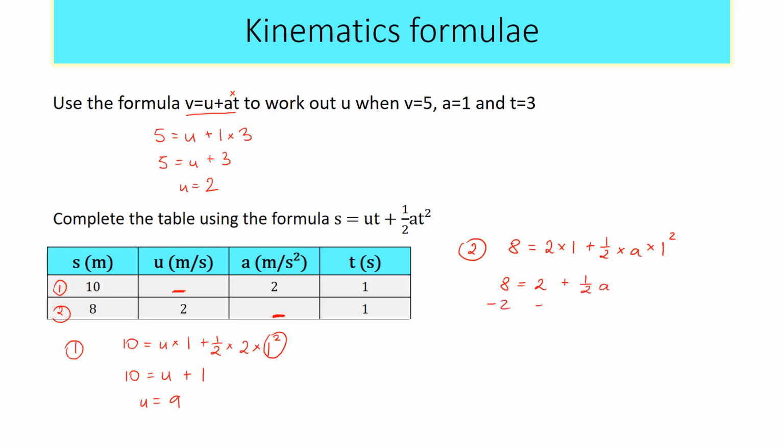Now we take away 2 from both sides, so that's 6 equals a half a. This can be written like this as well. So I need to times both sides by 2 to get rid of that fraction. So that means that the value of a is 12. And I can put the values in the table.